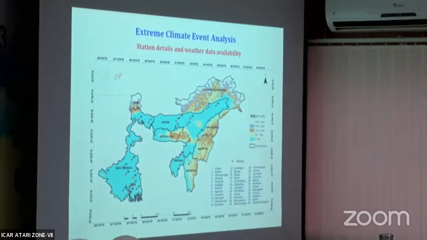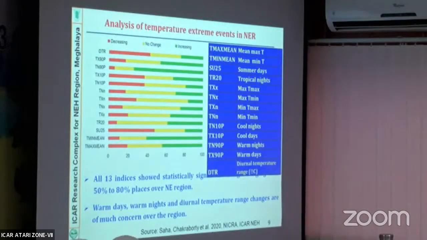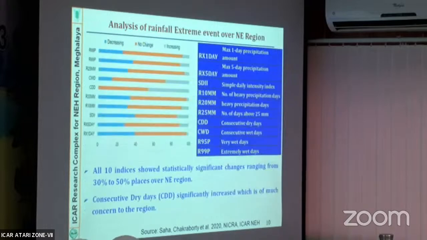What we have observed is that all 13 indices, related to extreme temperature events, showed statistically significant change at 50% to 80% of places. Warm days, warm nights, and diurnal temperature ranges are of much concern. For extreme rainfall events, all 10 indices showed statistically significant changes at 30 to 50% of the locations over the region.